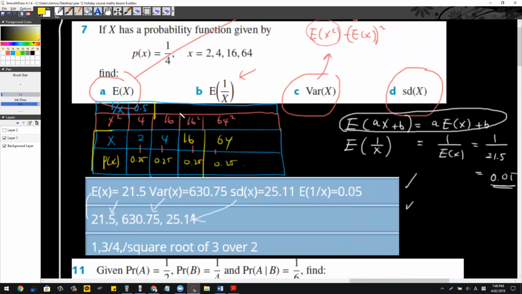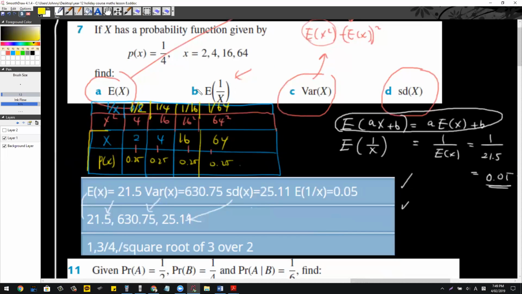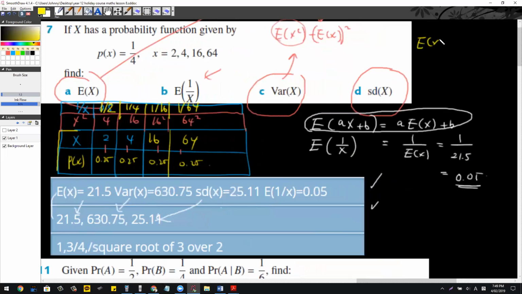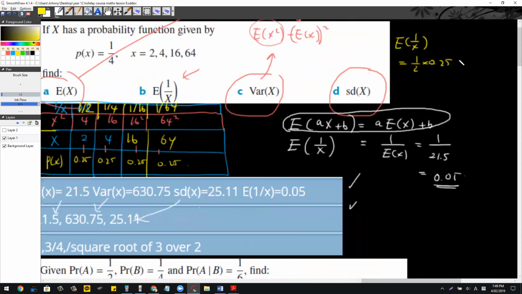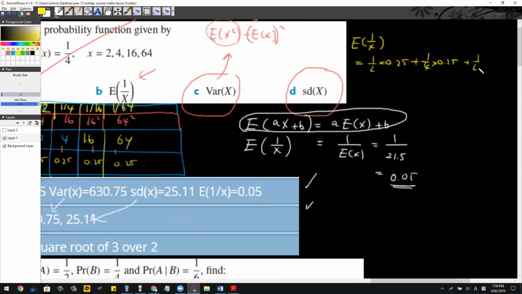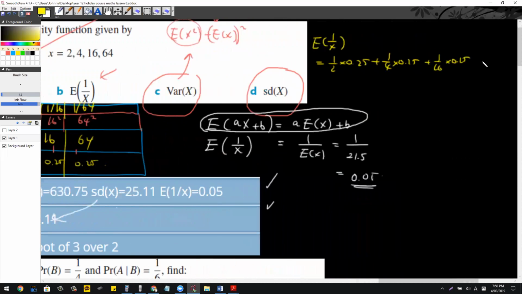I should do this in a brighter color. So this is 1 on 4. This is 1 on 2. This is 1 on 16. This is 1 on 64. So the expectation value of 1 over x is a half times 0.25 plus 1/4 times 0.25 plus 1 on 16 times 0.25 plus 1 on 64 times 0.25.